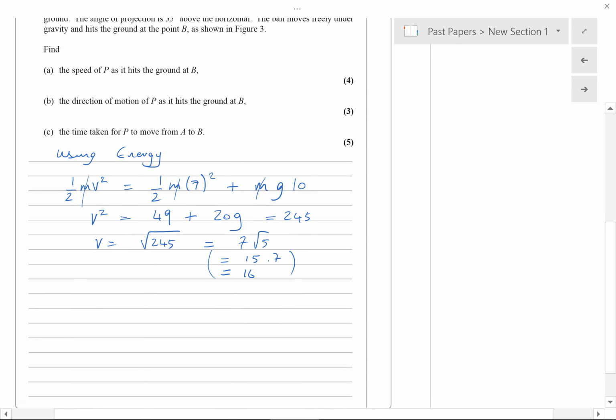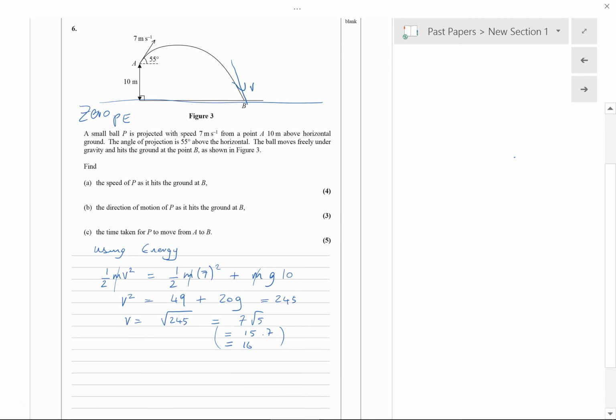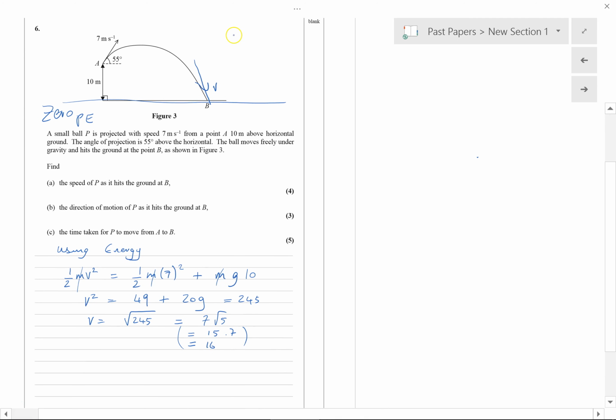There we go. So the direction of motion as P hits the ground. Now I'm just going to do a diagram here, higher up here. As it hits the ground, we now know, let's use the exact form, that's square root of 245. We know the horizontal component has stayed constant all the way through, which is 7 cos 55. Let's write this the other side now.